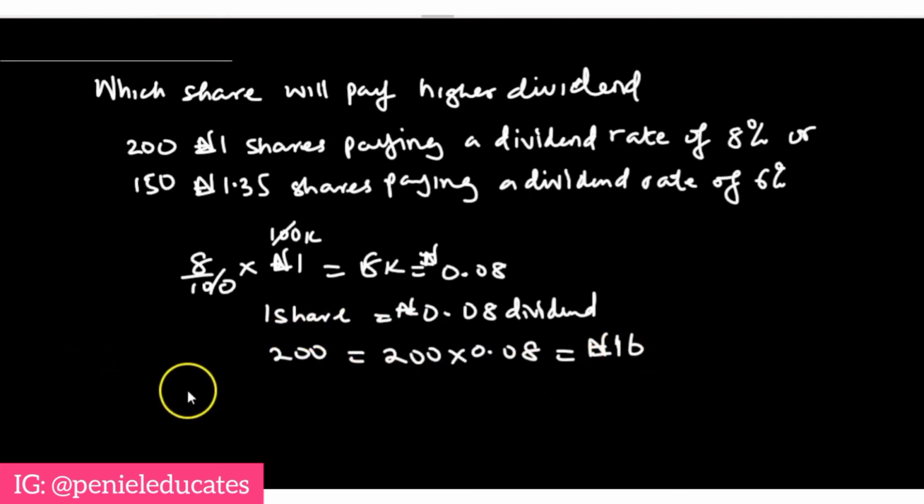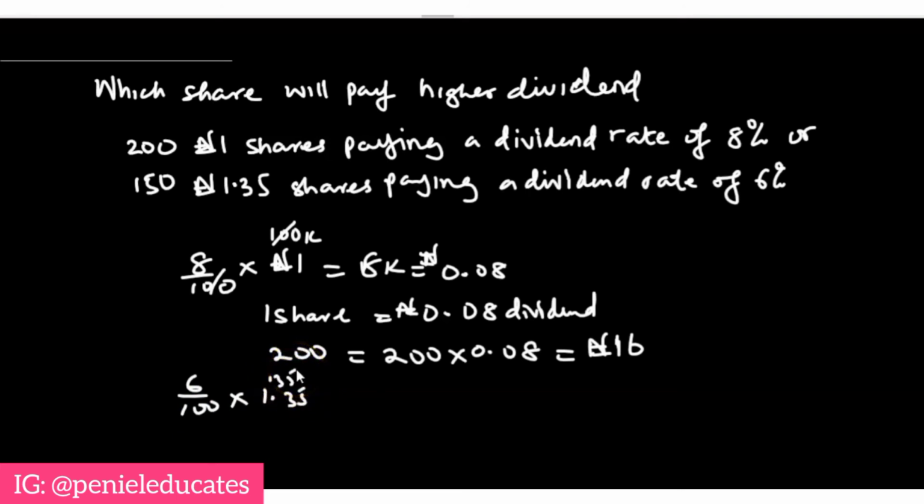Now let us look at the other one. We have 1.35 at the rate of 6%. So 6 over 100 multiplied by 1.35, that is about 135 kobo.